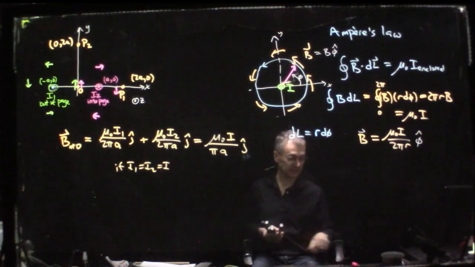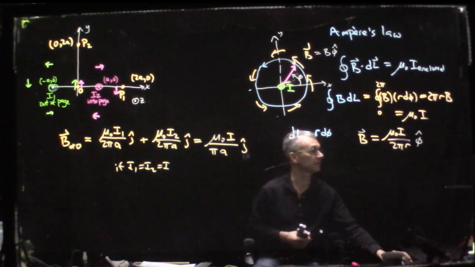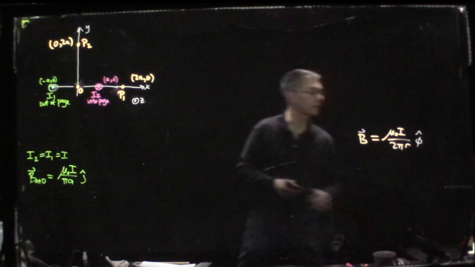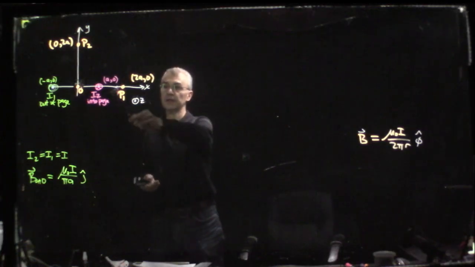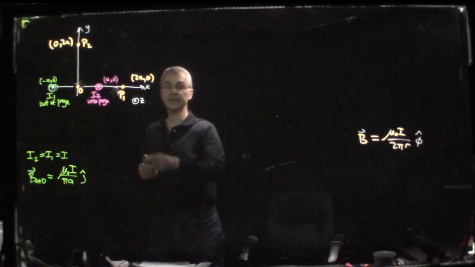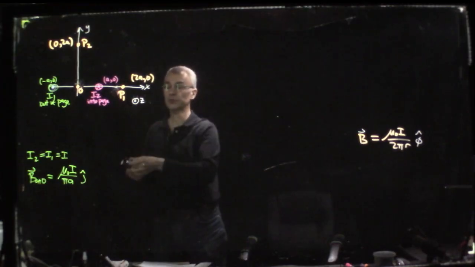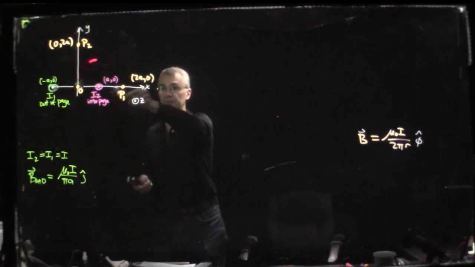Okay, so let's move on and evaluate the magnetic field at point P1. At this point P1, the magnetic field due to current number 2 is going to be clockwise.